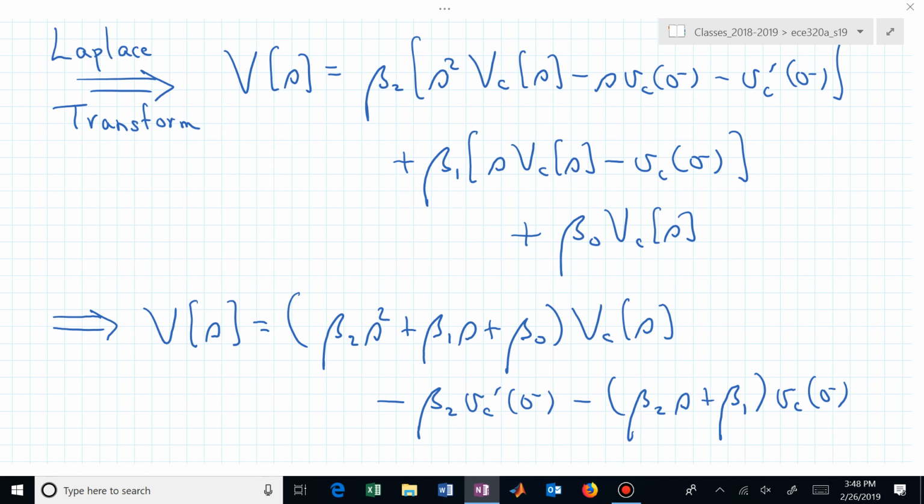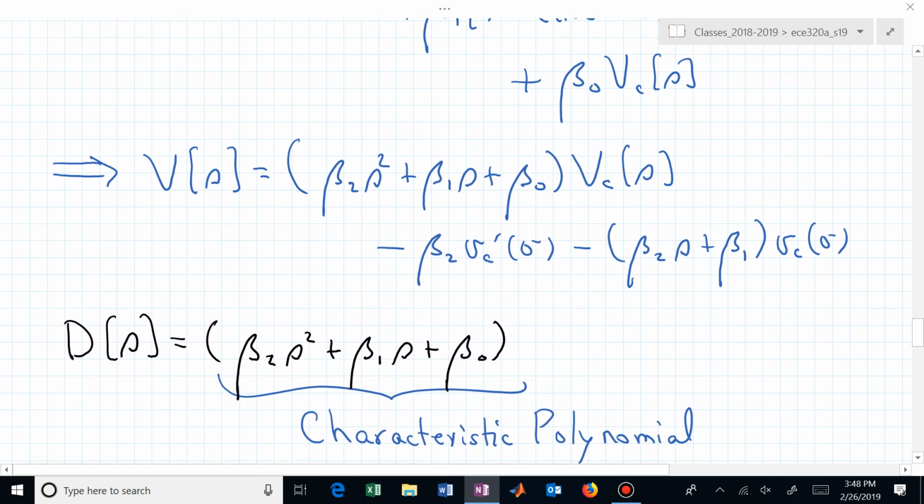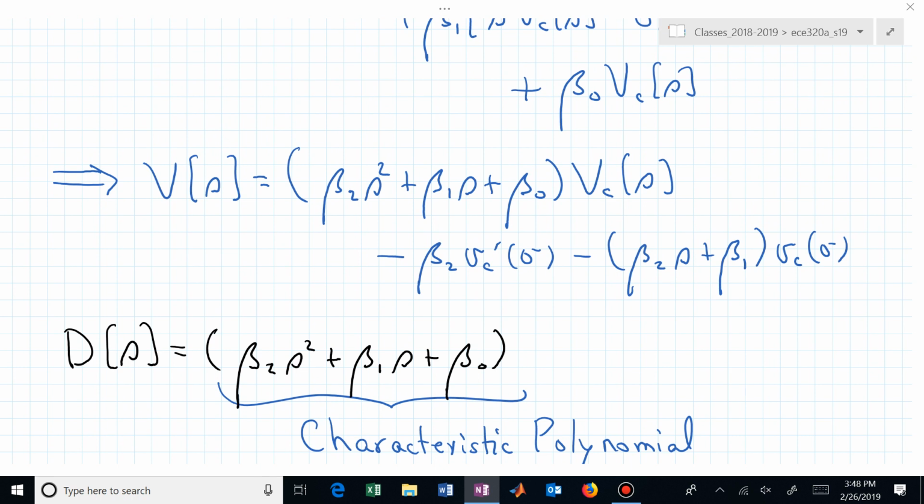If we're trying to find V sub c of s, well, it's going to involve this second order polynomial, and we'll call that our characteristic polynomial, which if we set it equal to 0 is now our characteristic equation. And why do we call it characteristic? Because it gives us the character of that circuit.